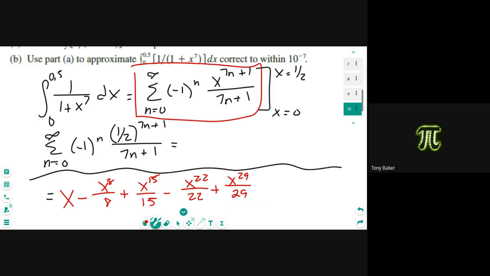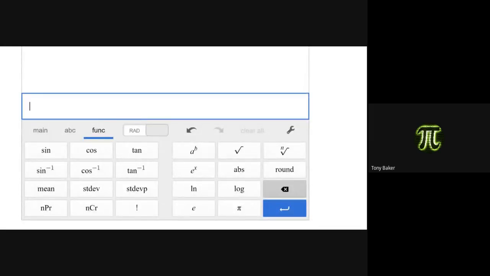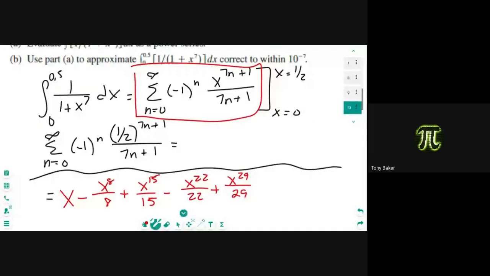If you keep adding n terms, you get more decimal places? So let's look at this.